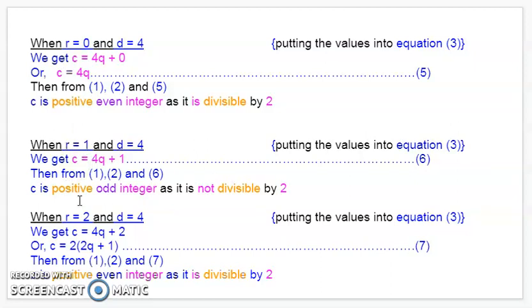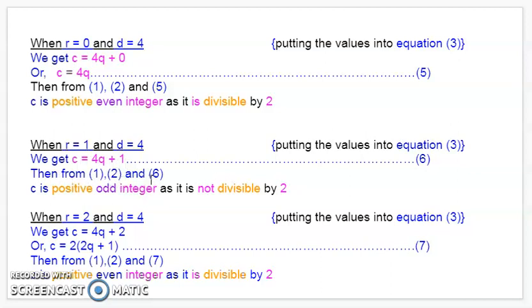So we can skip all these steps which are not actually required. If they are needed in the answer, we can write those steps also. So when r equals 1 and d equals 4, putting these values into equation 3 again, we get c equals 4q plus 1.